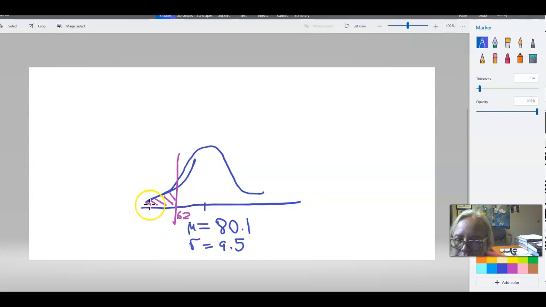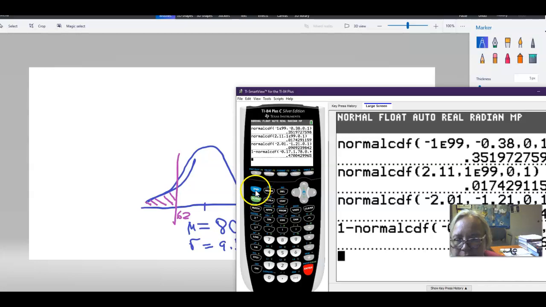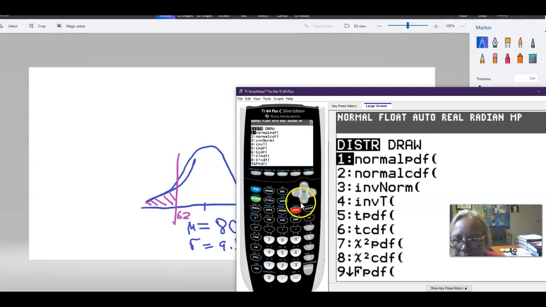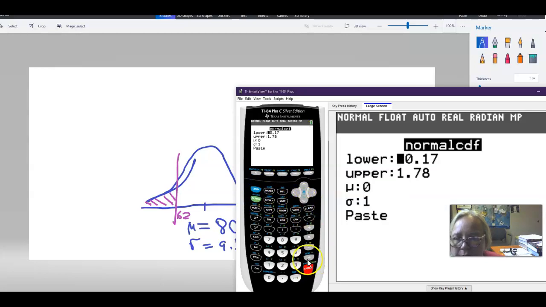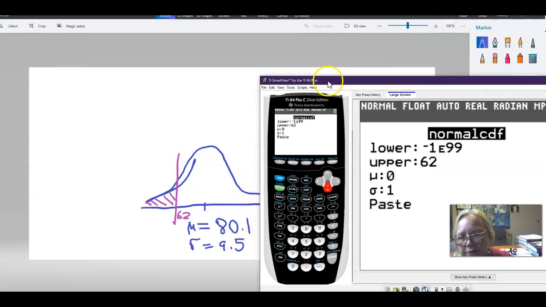What command do we use here? Normal CDF, because the distribution is normal. So we're going to use normal CDF. The lower will be negative 1E99, which is negative infinity, 62 for upper, mu is 80.1, and standard deviation is 9.5.